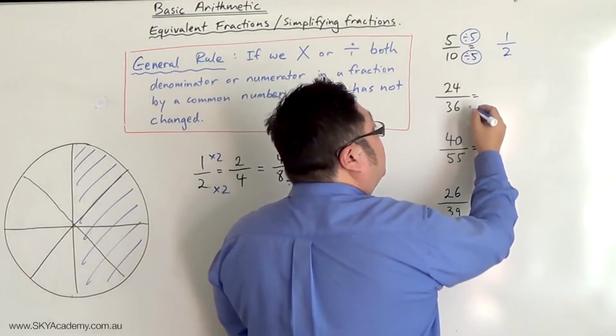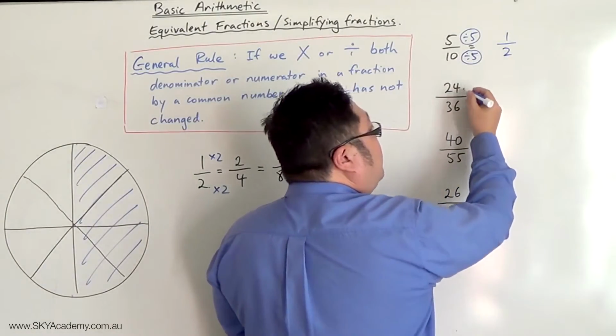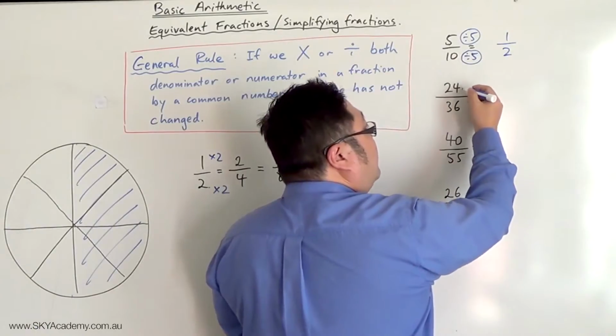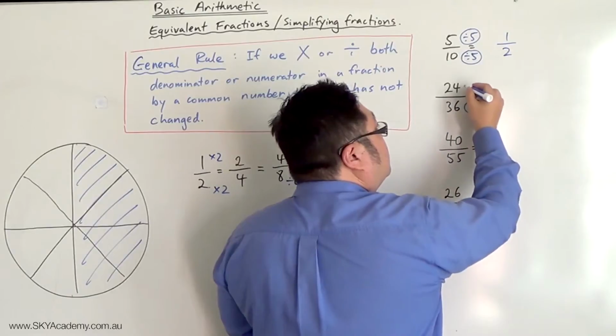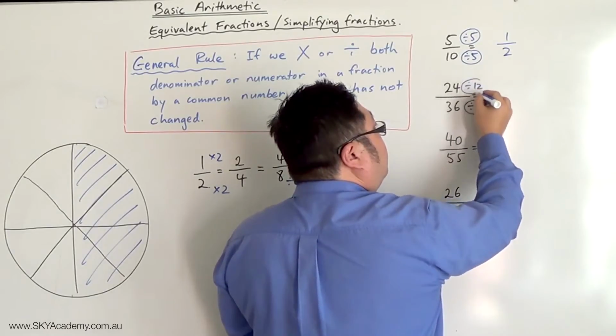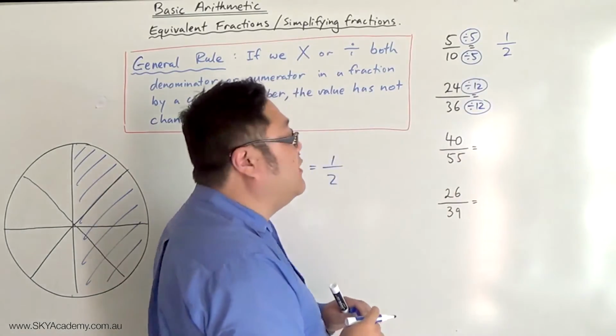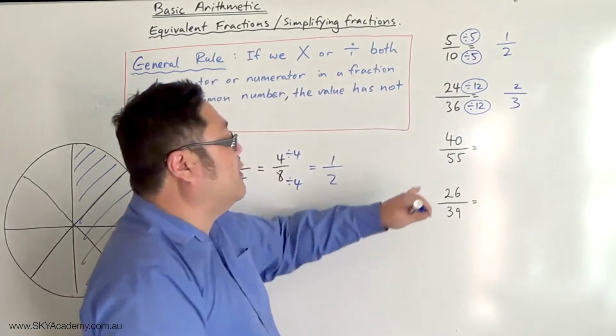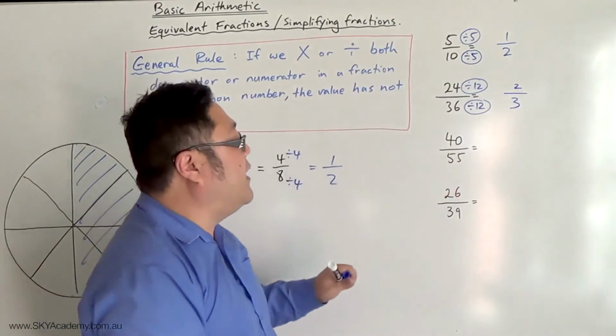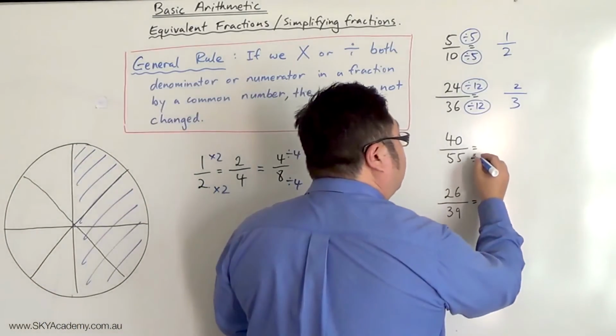24 over 36, you've got a common factor, so another number that goes into both 24 and 36 is 12. So you can divide both top and bottom by 12, right? And the answer will be 2/3. 40 over 55, 5 goes into both.